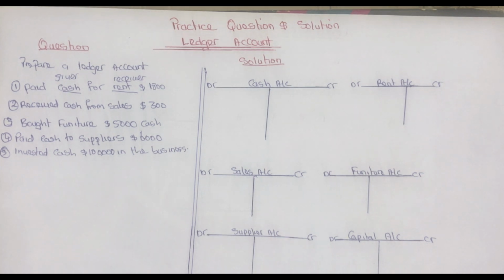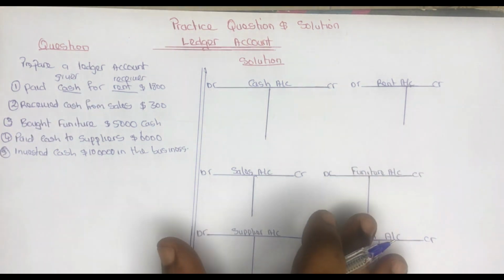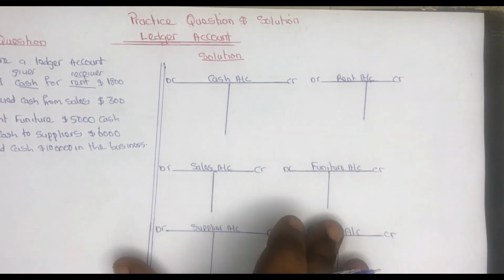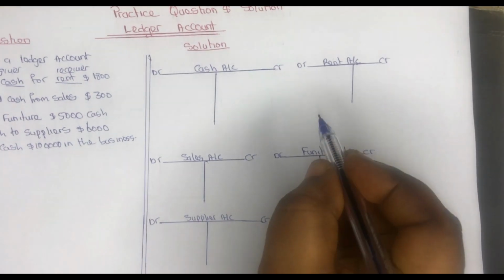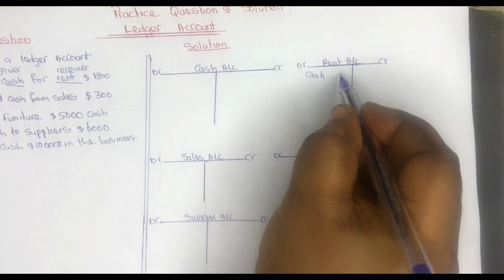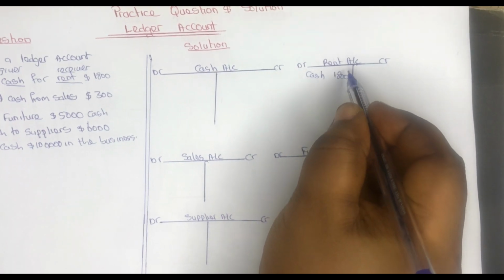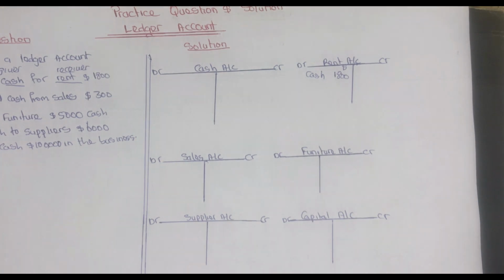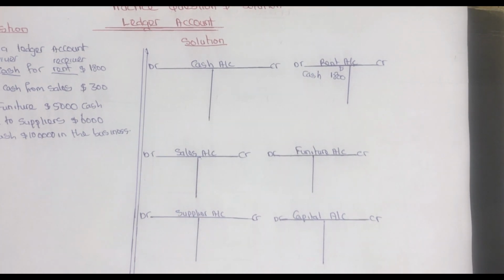So if rent is receiving, what is rent receiving? Rent is receiving cash. So since rent is the receiver, we debit the receiver. So we come to the rent account. We debit cash of 1,800. Remember, all the amounts are in dollars. So in the rent account, we are debiting cash because we are paying for rent.